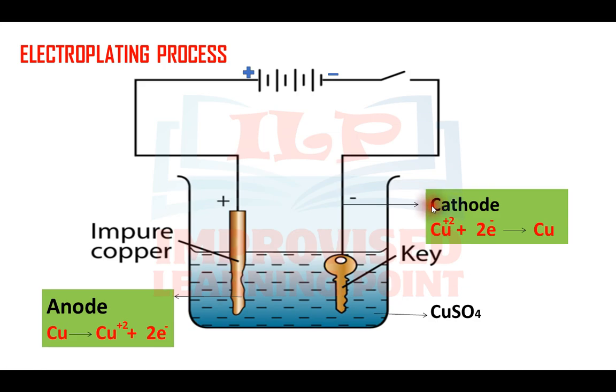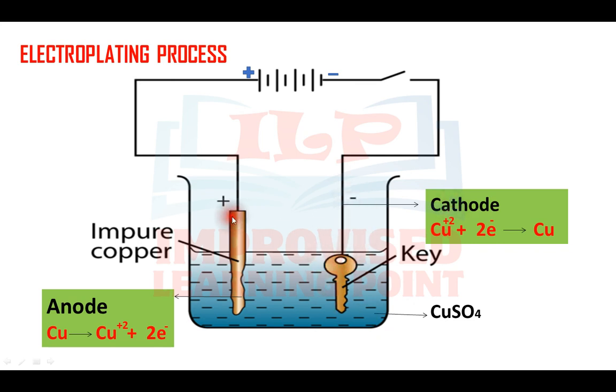Now you can understand the electroplating process. Electroplating is also just like electrolysis, and here I include the picture because I want to tell you something. The object on which you want a layer of another object, you put at the cathode.